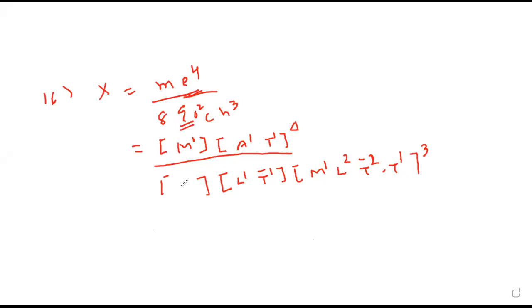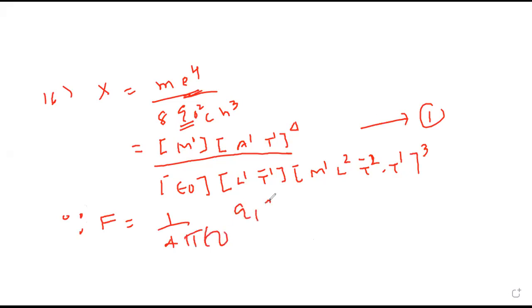We need the dimension of epsilon 0. Let this be first one, I am explaining epsilon 0. Since force between two charges is F equals 1 upon 4 pi epsilon q1 q2 upon r square. You have to remember this. This is the force between two charges.